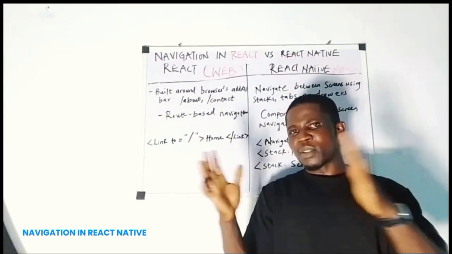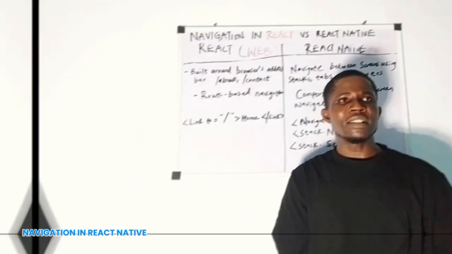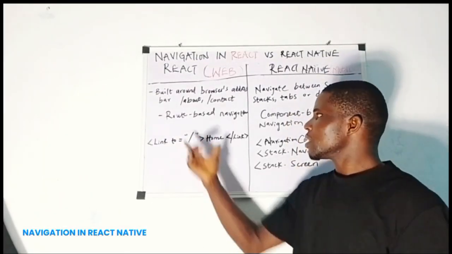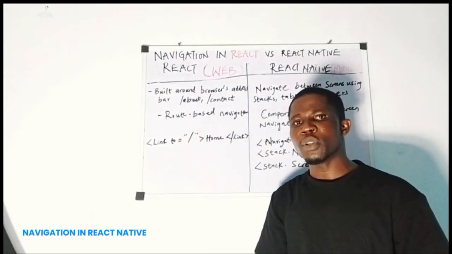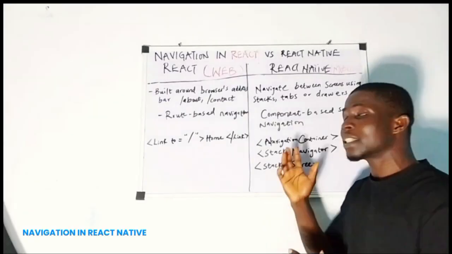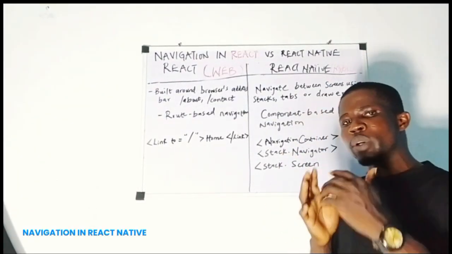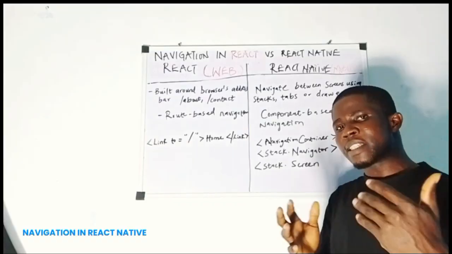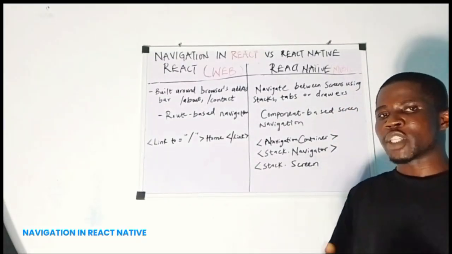I believe that you have seen a little difference between the two of these. Again, one point you should note, this is based on route-based navigation for React for the web, whereas for mobile application, it is component based, because each of the features you want to add, you are going to add them as individual components, like we have explained.